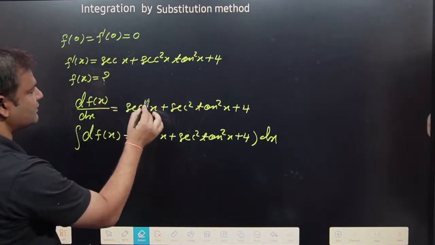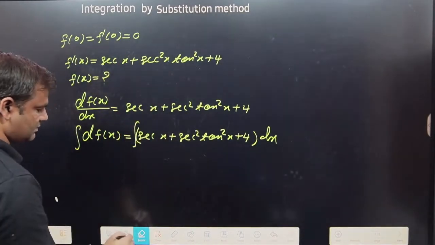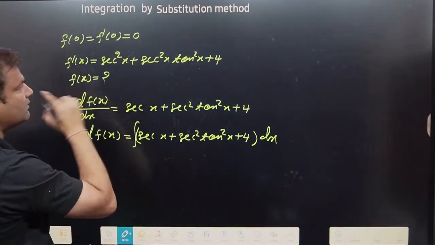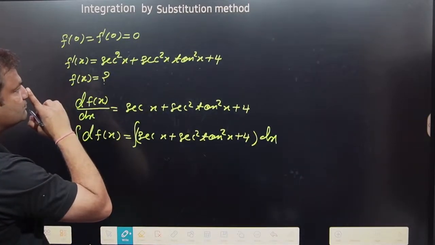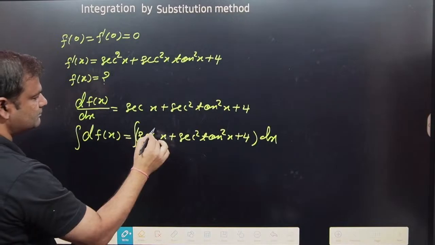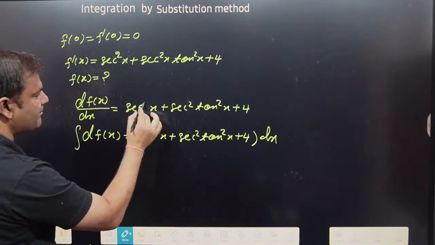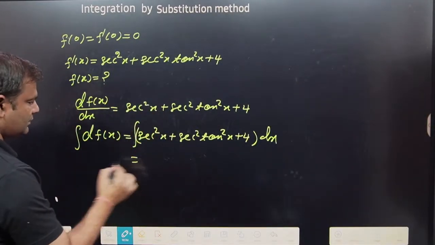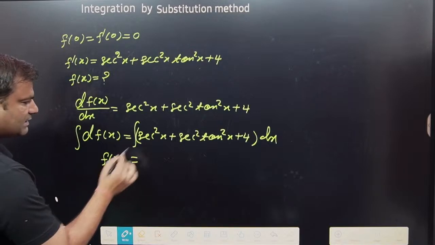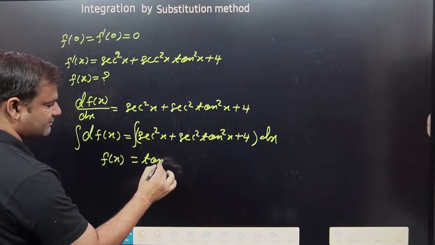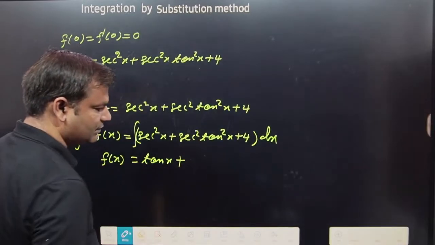That one is x square, basically this one is x square, not x power 4. Okay, so this one is f of x and that one is tan x. What about that value?